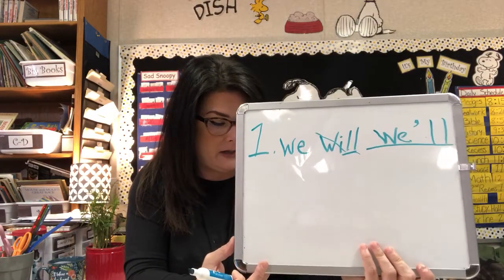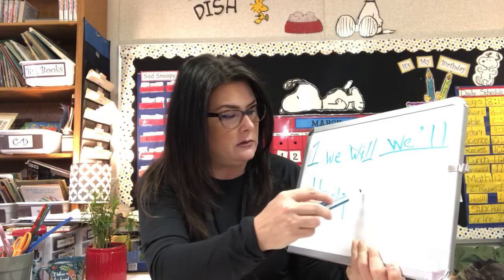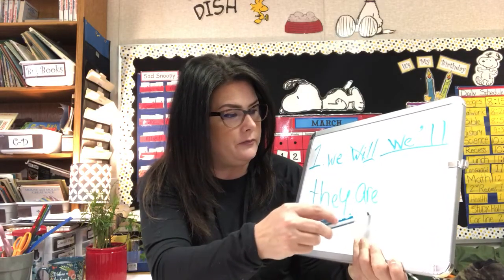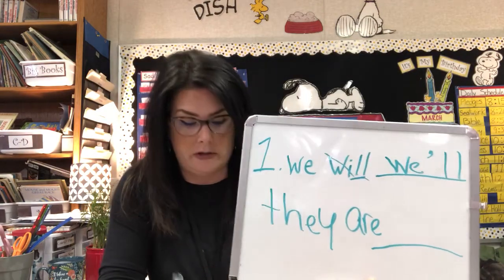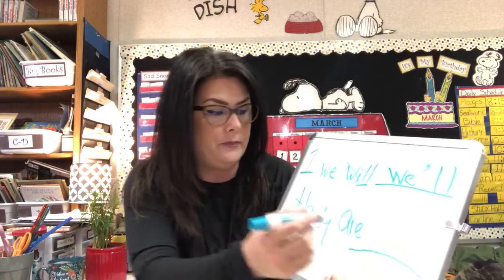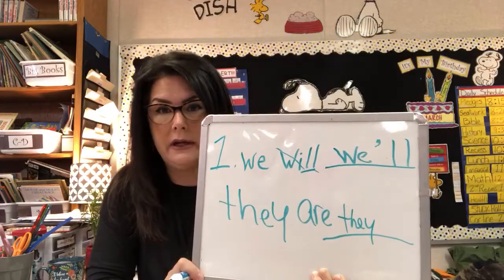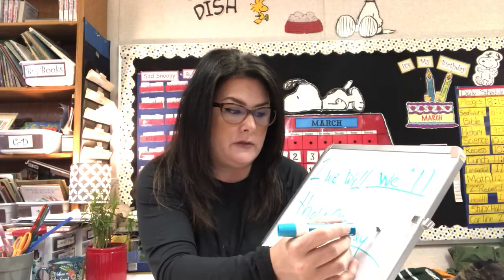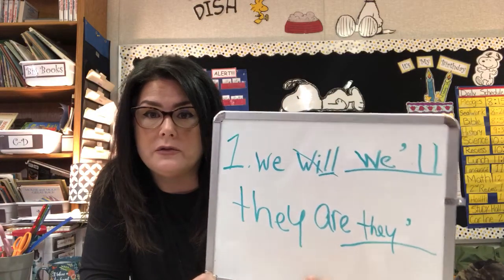Just like they are. Okay, they are. Well, in order to make that into a contraction, you would use the entire word they, and then you're going to put your apostrophe. Sorry, I know this is all in print. My cursive is horrible.